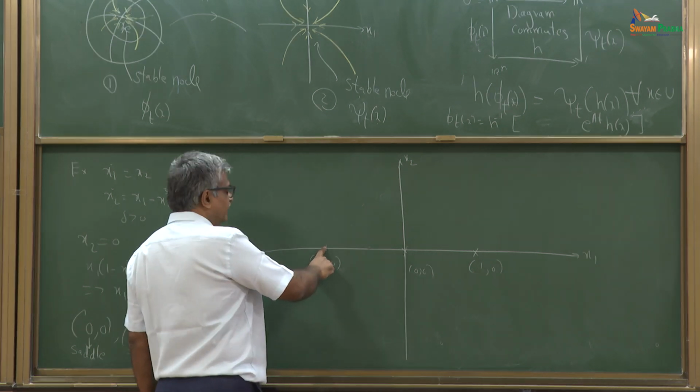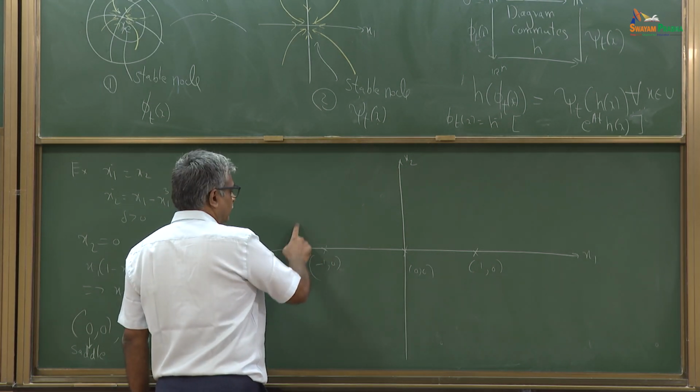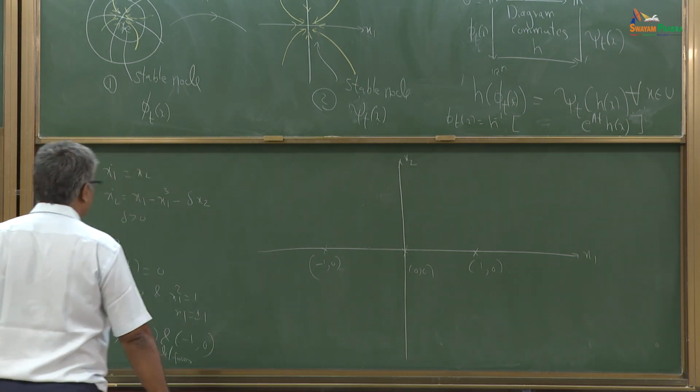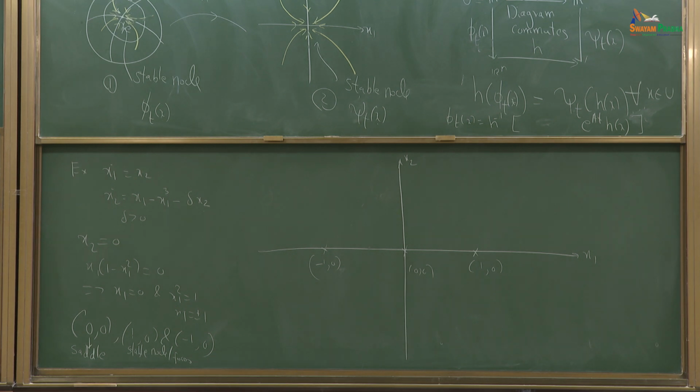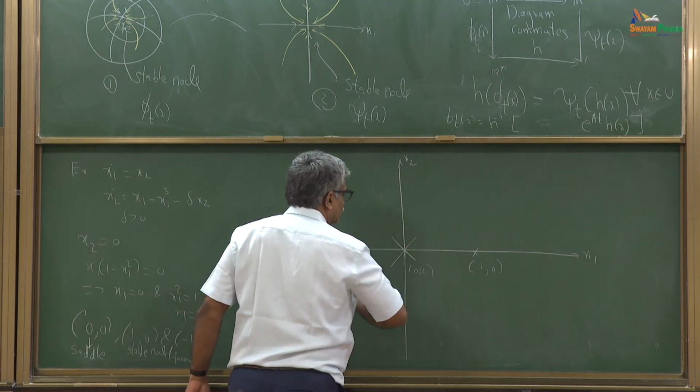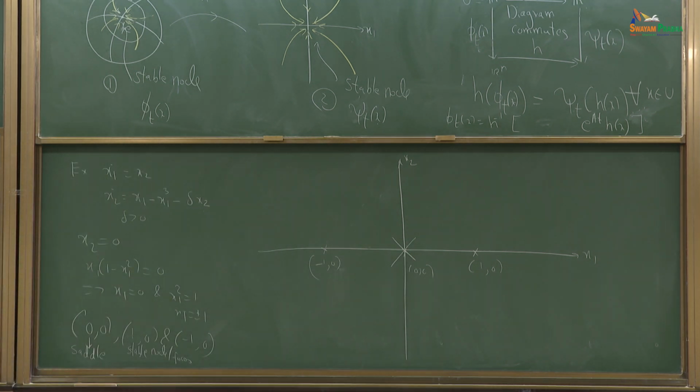So any trajectory in the vicinity of this one will approach this. So how will the phase portrait look? Let me draw that. We need the eigenvectors here also.